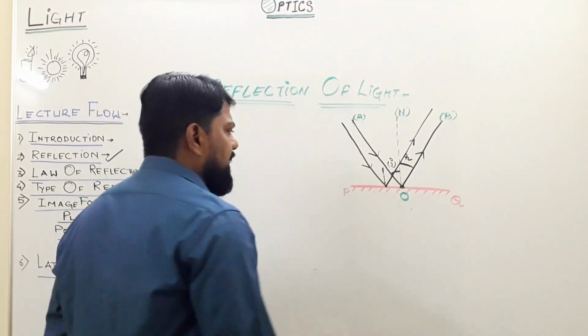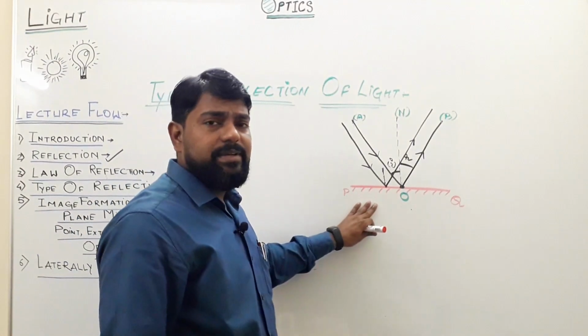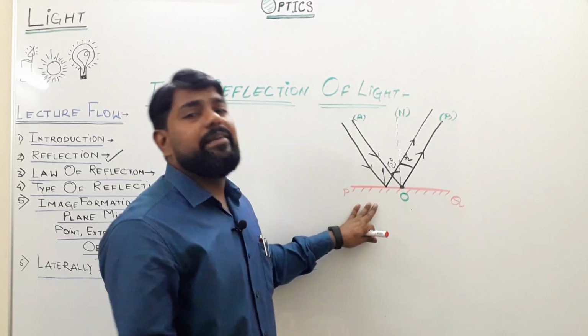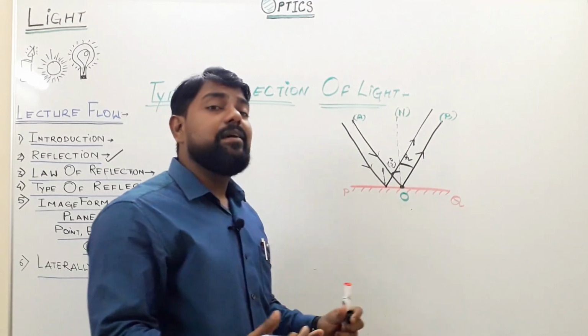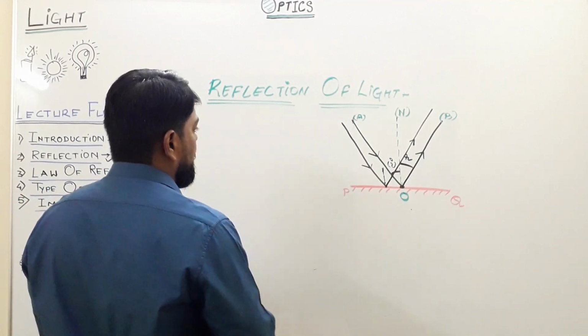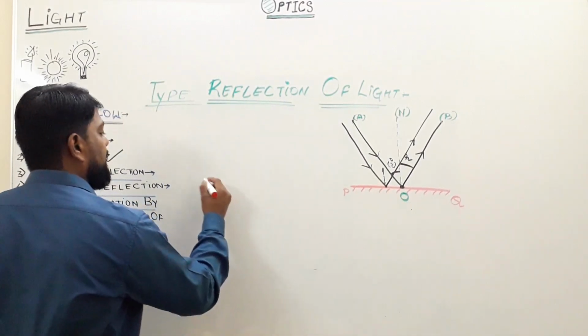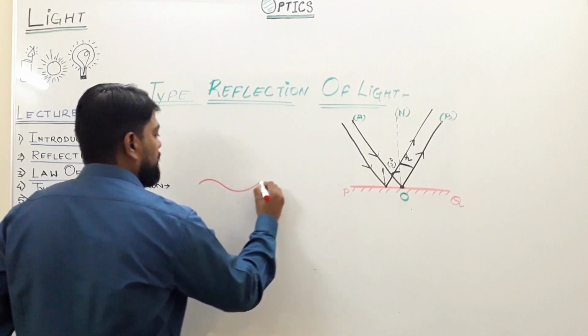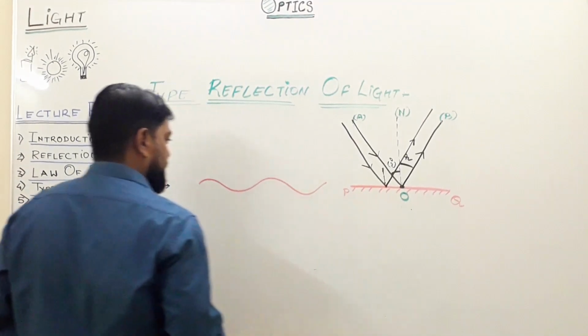Now suppose this plane polished surface is replaced by an irregular surface, or you can say a rough surface. I will just draw it here, this type of surface.